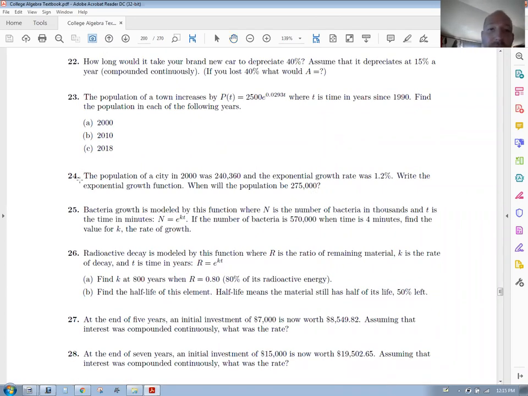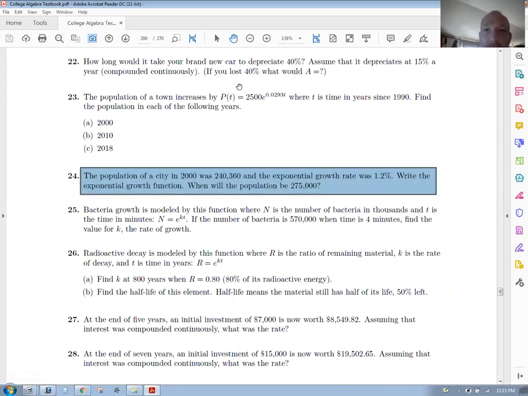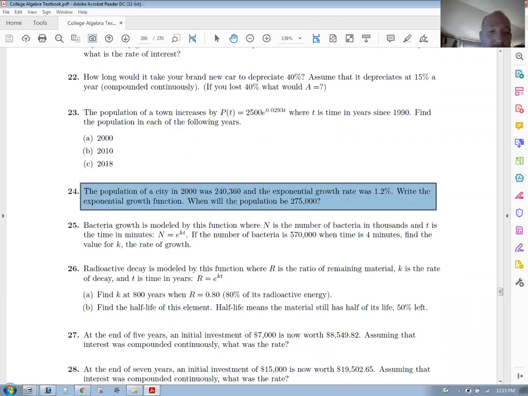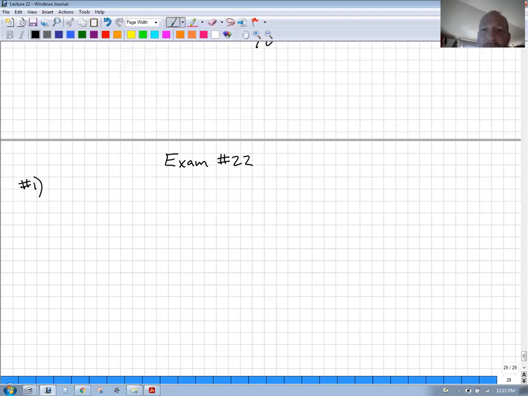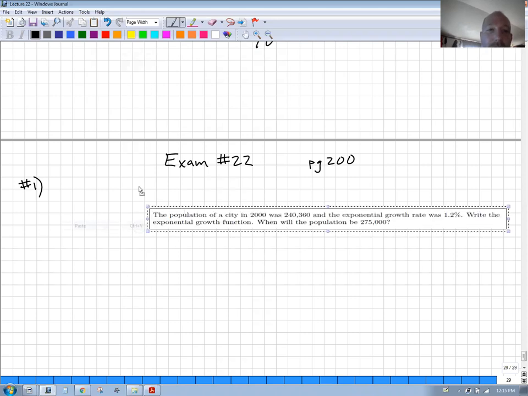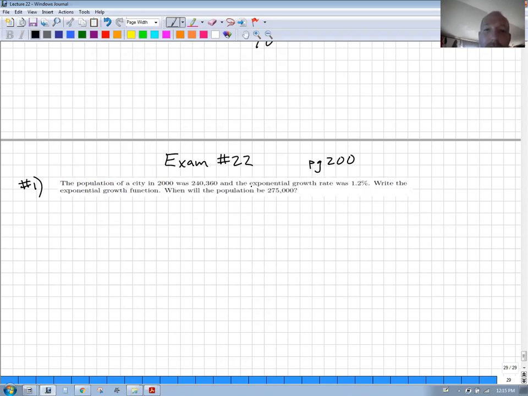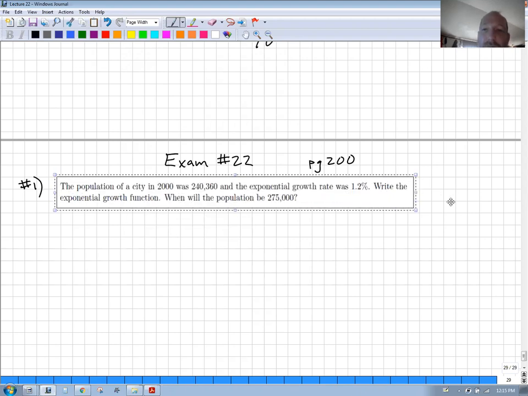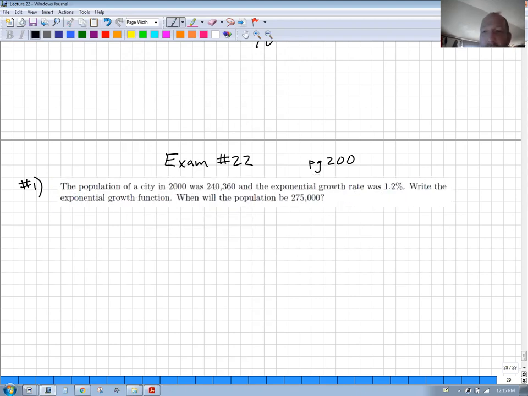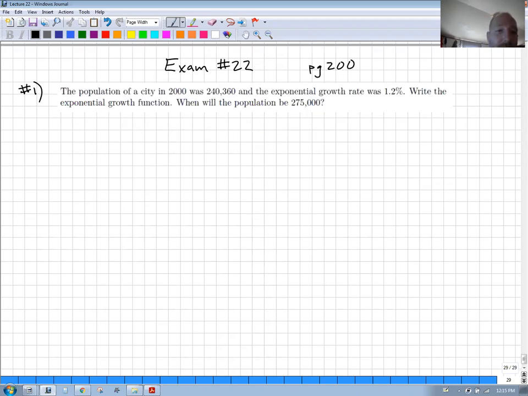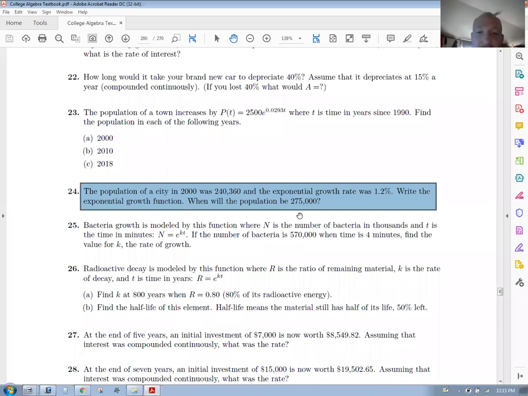All right. Let's do number 24 here. This is what page? Page 200. There's your number 1. And pick out a second one here.